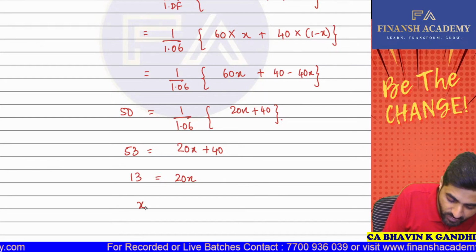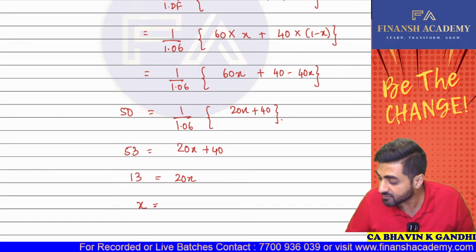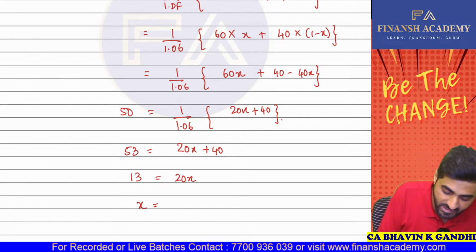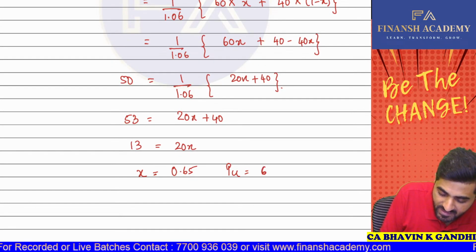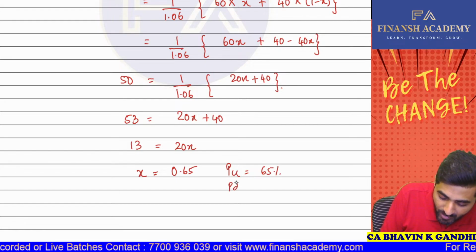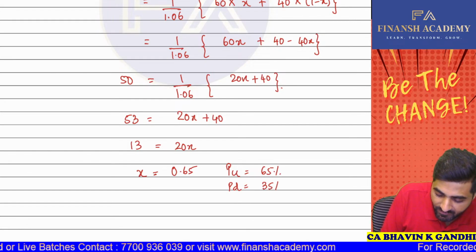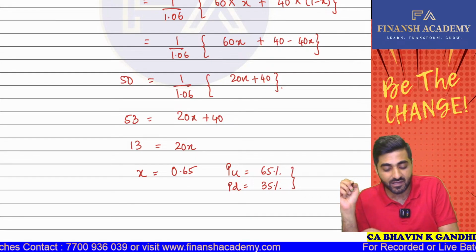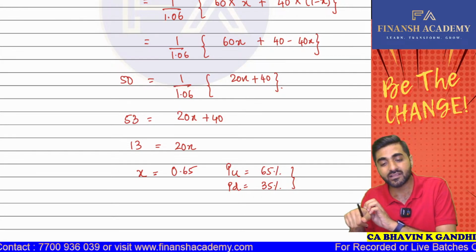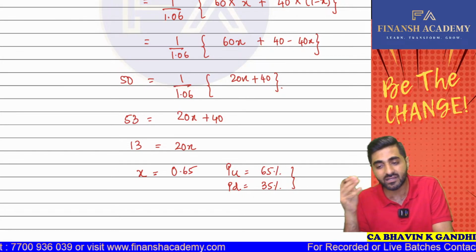So your x will now be 13 divided by 20, and that will be 0.65. So the probability of price coming upwards is 65%, and the probability of price coming downwards is 35%. I hope you guys are trying to understand this. The probability of price coming upwards is 65%, and the probability of price coming downwards is 35%.